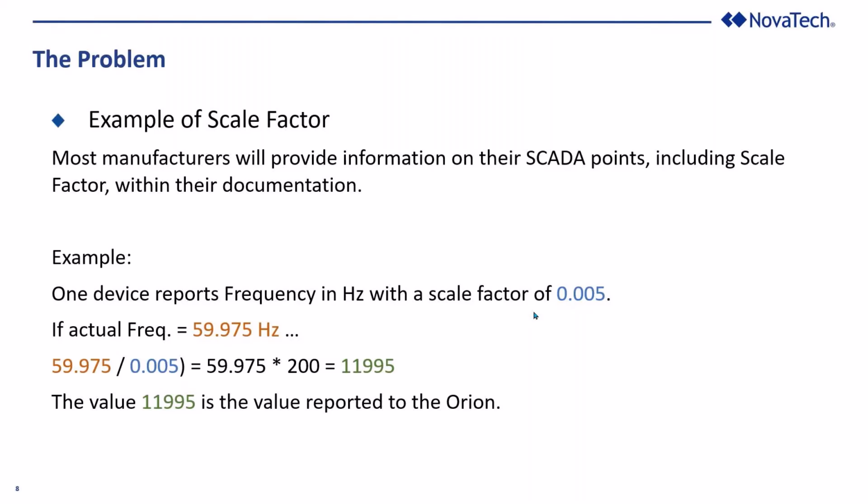I had mentioned the inverse of this on the other page, but if you have a measurement, in this case 59.975, you can divide by that scale factor to get the value that'll be reported across the protocol to your RTU. You'll see right here, I divided the 59.975 by that scale factor, 0.005, and I came up with a value of 11,995. Now that is the value that you will see on your RTU. And as you see, that's the value reported to the Orion.